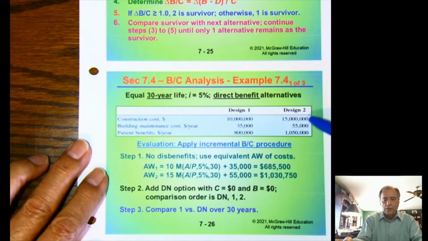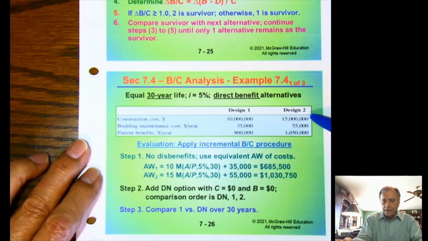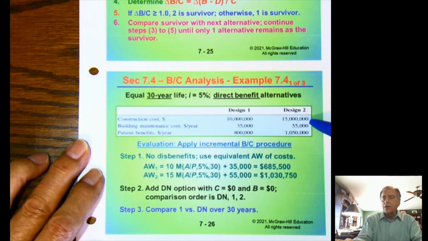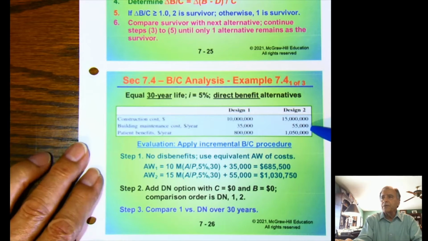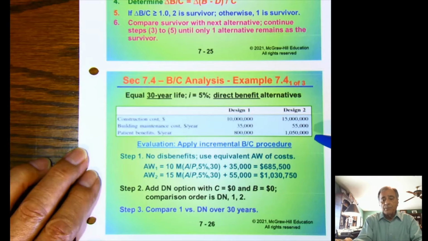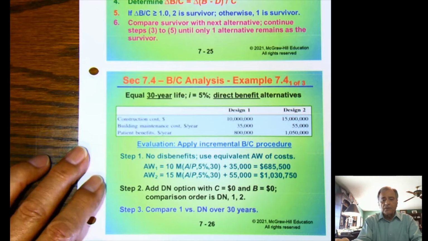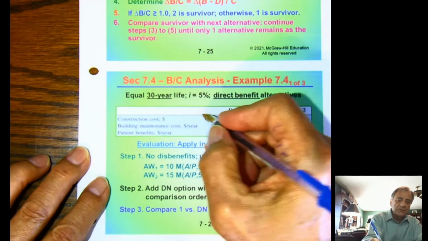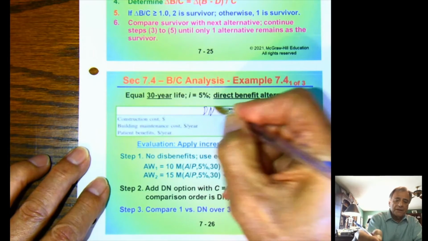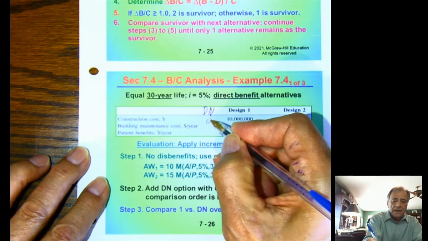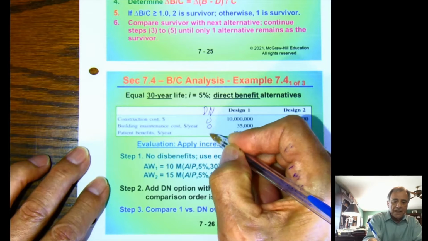Design 2 has a construction cost of $15 million, annual maintenance and operating of $55,000, but it results in more benefits, $1,050,000. Of course, the do nothing alternative, we could put that one there. That costs nothing, has no maintenance cost, and has no benefits.